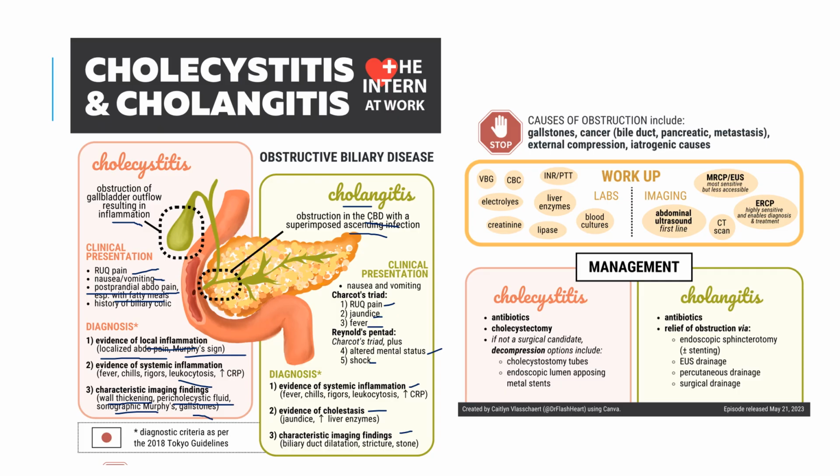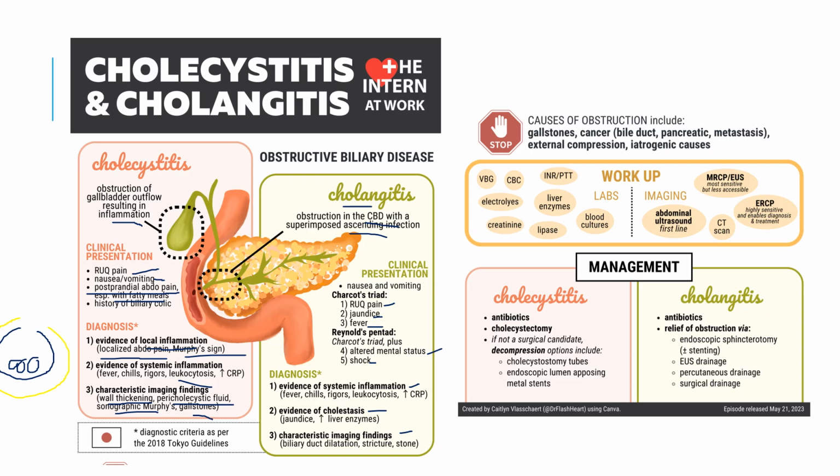Stone can be in the gallbladder duct or in the gallbladder itself. There is outflow tract obstruction of gallbladder leading to inflammation, so there is wall thickening. So sonographically you can see that in the gallbladder there is thickening, there is so much sludge inside the gallbladder, like the stone, and outside the gallbladder you can see some fluid collection, that is pericholecystic fluid.